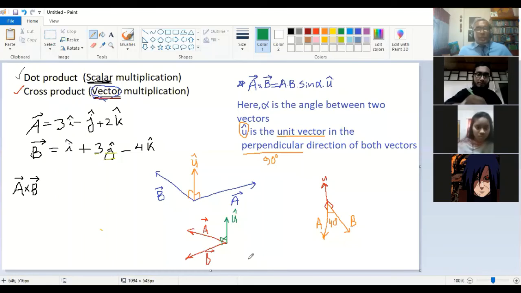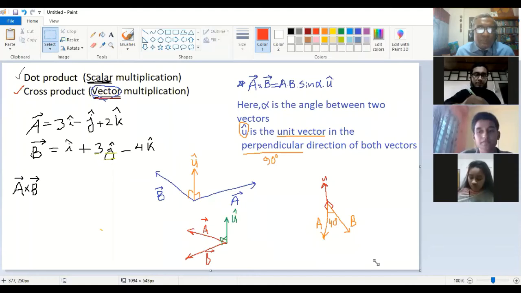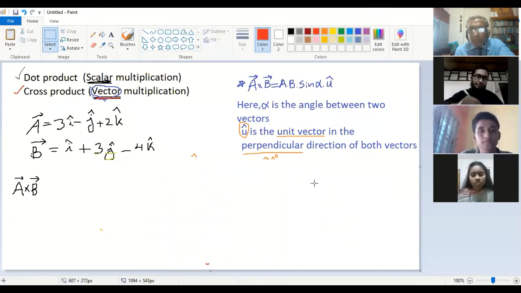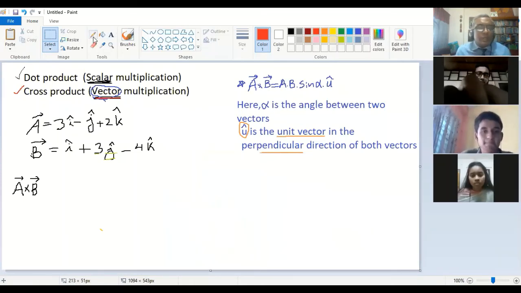Now let us give you the example for i, j, k. Let me erase this part and then I will show you the calculation for i, j. Let me take at first i cross i.